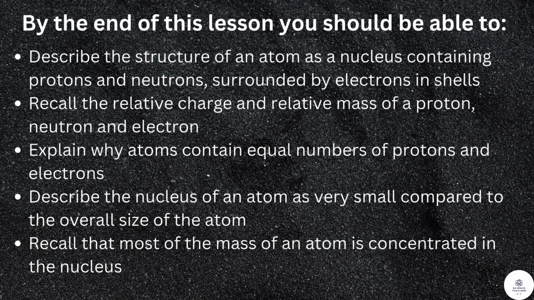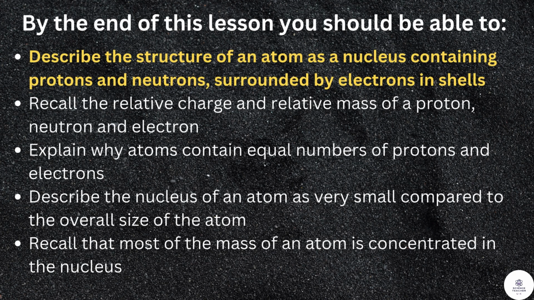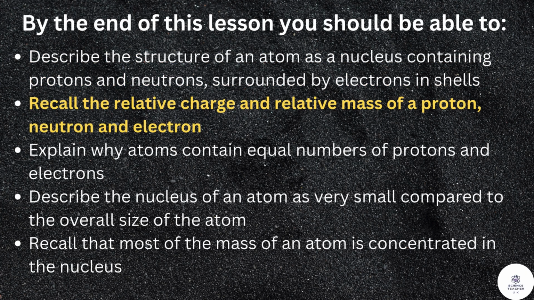By the end of the lesson, you should be able to describe the structure of an atom as a nucleus containing protons and neutrons surrounded by electrons in shells. You will be able to recall the relative charge and relative mass of a proton, neutron and electron.